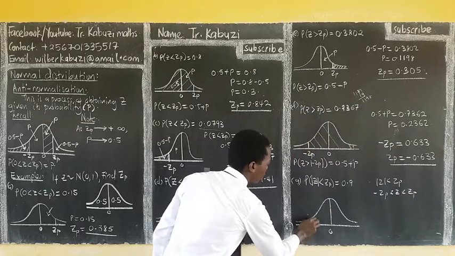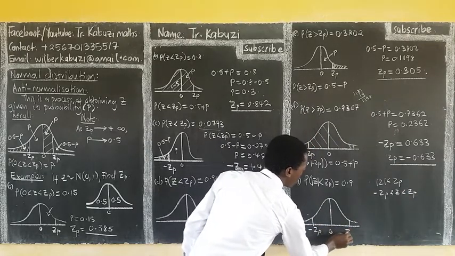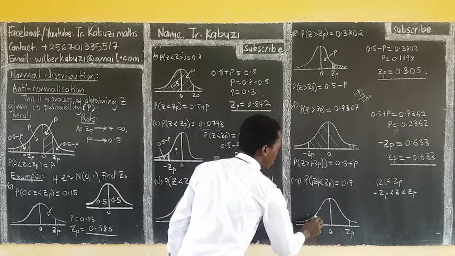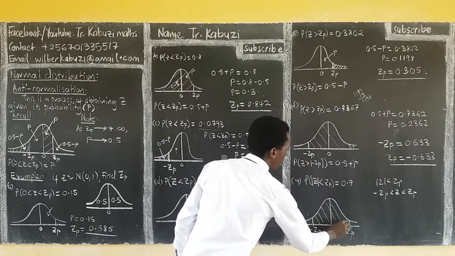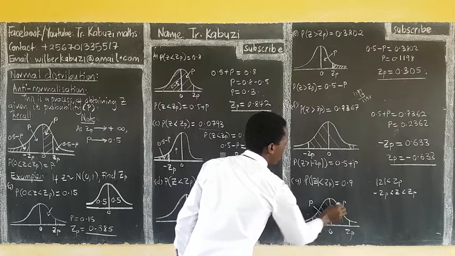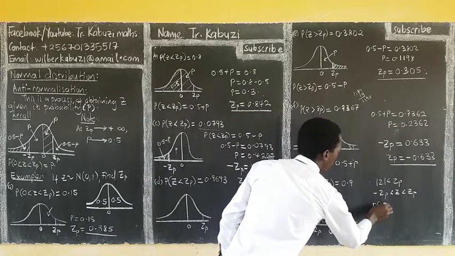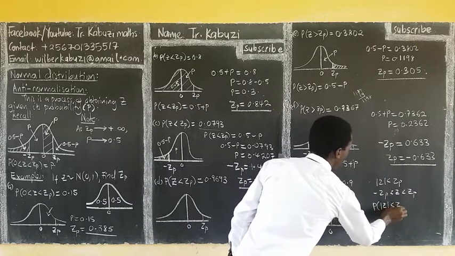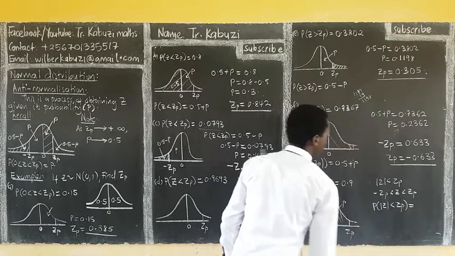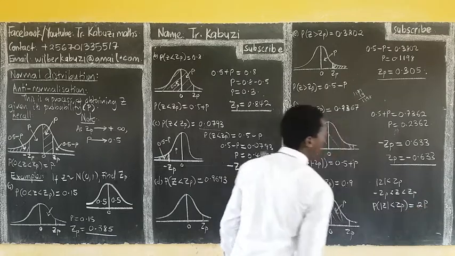So here we have negative ZP, and then positive ZP. So now we want this probability here. We say this is P, and also this is P. And we recall that always our modulus of Z less ZP will be equal to 2P.